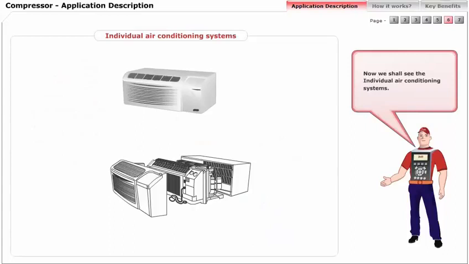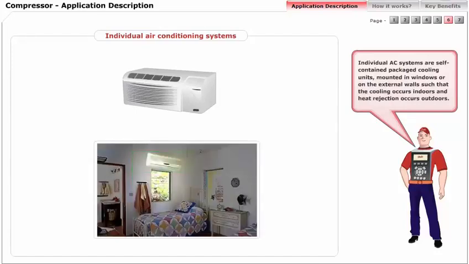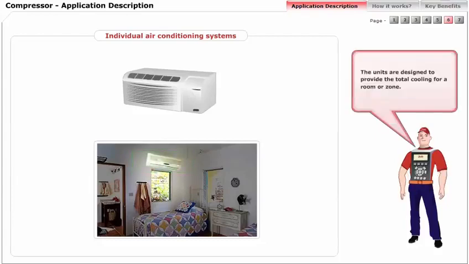Now, we shall see the individual air conditioning systems. Individual air conditioning systems are self-contained, packaged cooling units mounted in windows or on the external walls such that the cooling occurs indoors and heat rejection occurs outdoors. The units are designed to provide the total cooling for a room or zone.